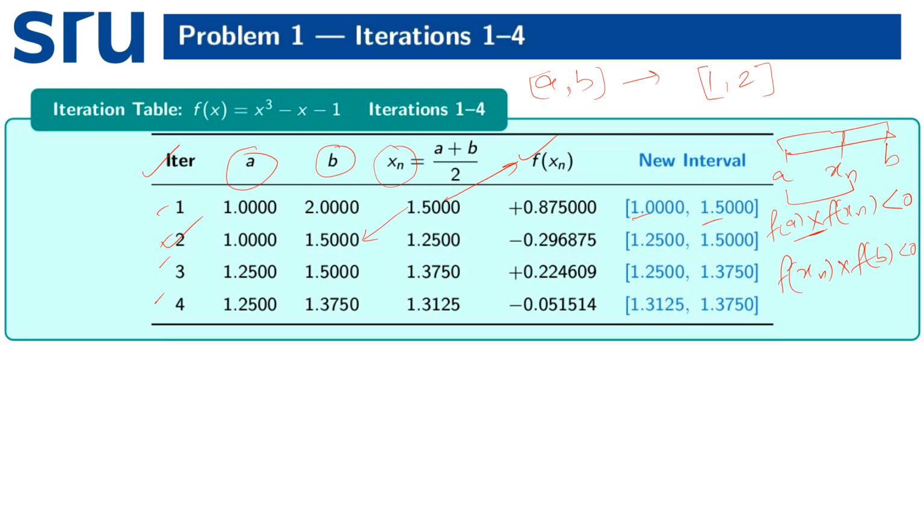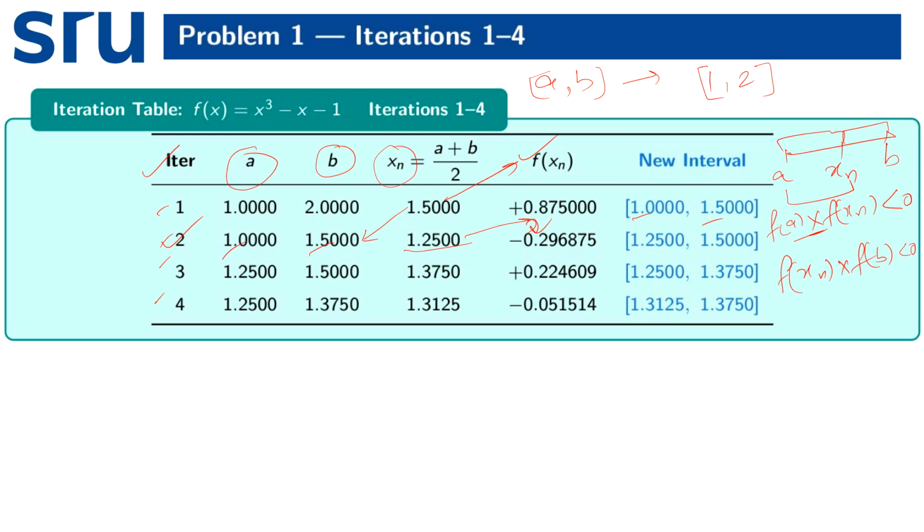After that the next midpoint is 1 plus 1.5, divided by 2, that will be 1.25. And the value of the function at this point 1.25 will be this value, that is minus 0.296875.